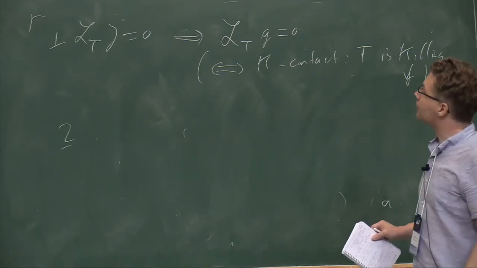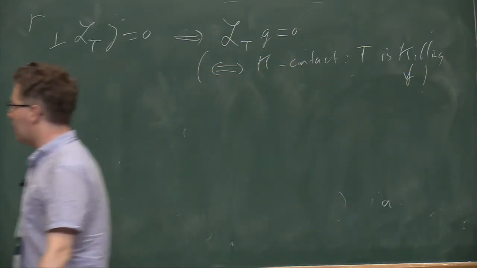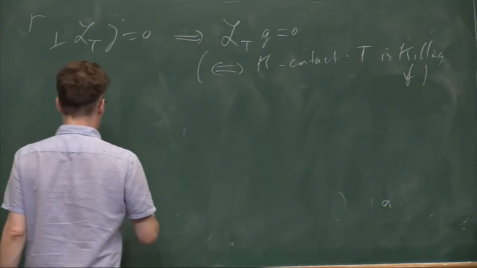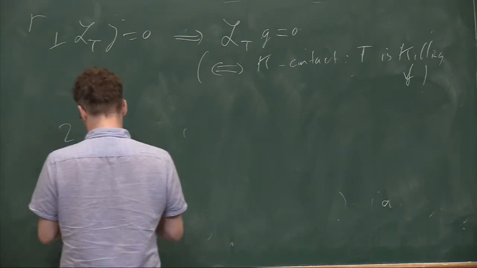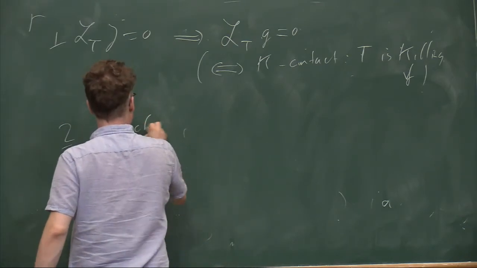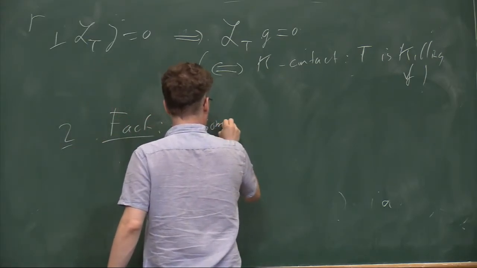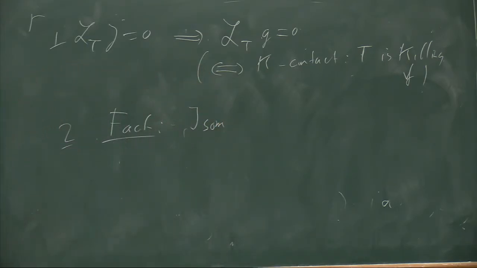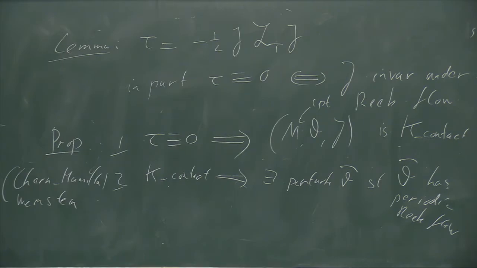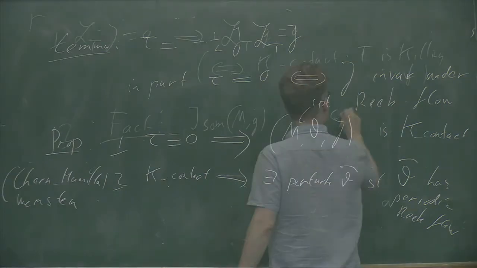Okay, so for 2, why does K-contact mean that you actually can perturb to a periodic Reeb flow? I think it's a nice argument, so I just give it. We need the following fact. Of course, this is compact, because if it's not compact, I cannot do this. It's not true. The isometry group of a compact Riemannian manifold is a compact Lie group.